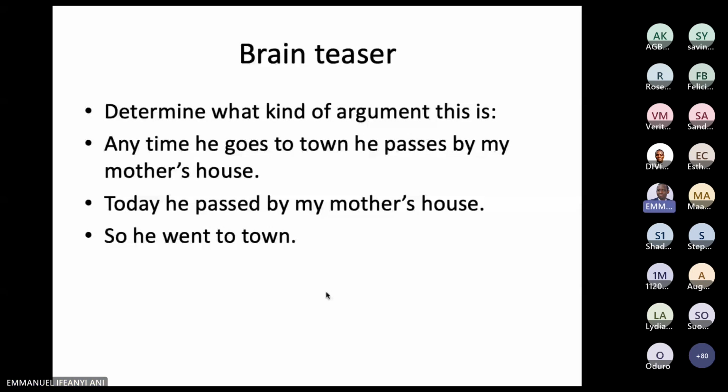When you have identified the major premise, the first part is the antecedent, the second part is the consequent. Then ask yourself what the minor premise is doing. Is it referring to the antecedent or the consequent, and in what way? That's how you find out what kind of argument this is.